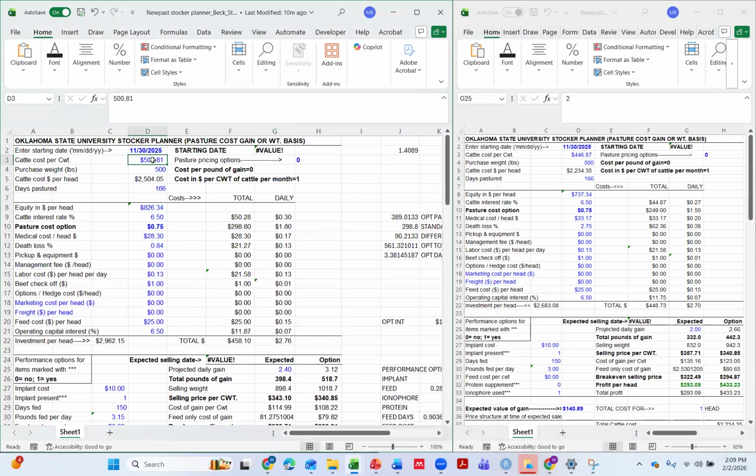So that must mean this discount, 500.81 minus 446.87, so that's a $53.94 per hundredweight discount for these groups of bulls relative to these groups of steers.